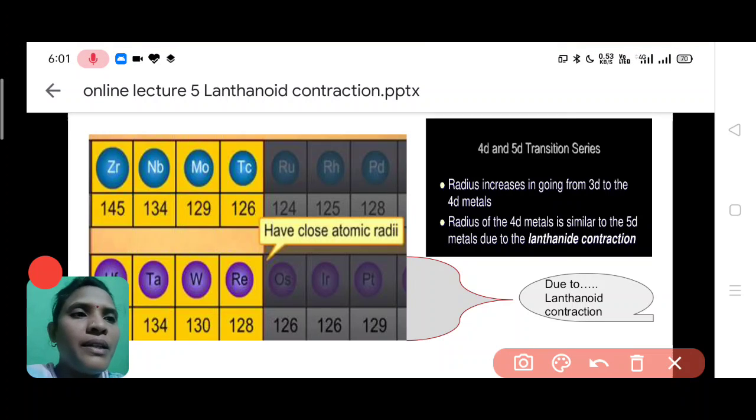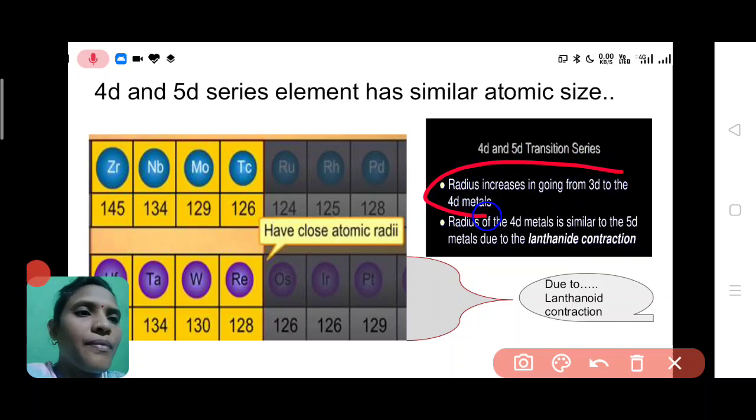See the statement here. Radius increases in going from 3D to the 4D metals. If we see the atomic size of 3D elements and 4D elements, the elements differ in atomic radius. That is, atomic radius increases from 3D to 4D.